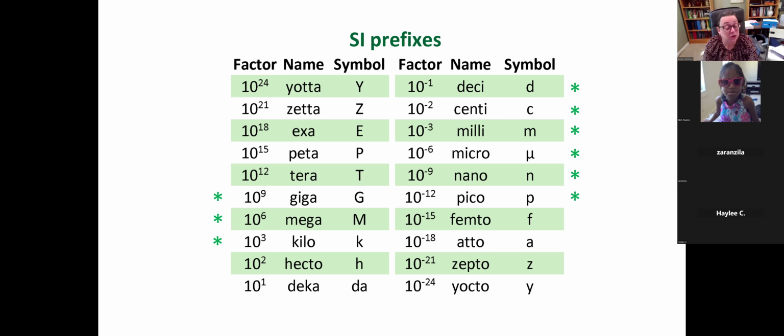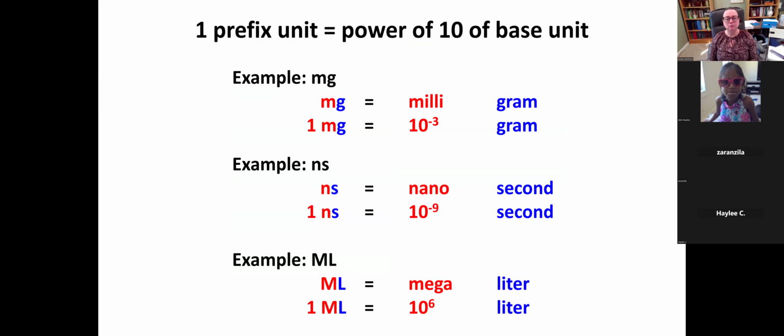All right, so we need to think about how they work. How does it work to know that pico is 10 to the minus 12? What does that mean? How is it modifying those units? Here's how those units are designed to work. The prefix unit is equal to the power of 10 times that base unit.